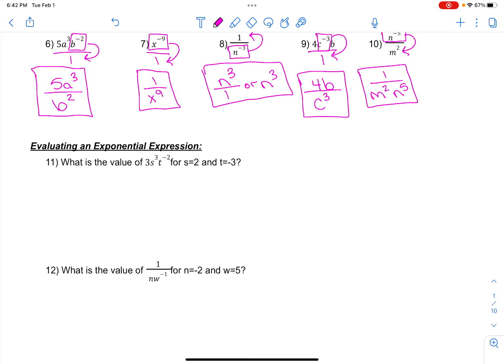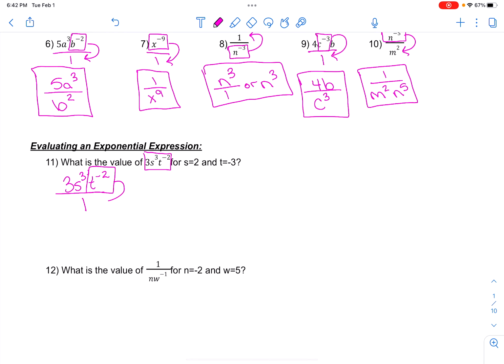So first thing that we're going to do is we are going to look at this expression that they gave us. Notice that we have a negative exponent. So very first thing that we're going to do is we're going to fix this expression so that we don't have negative exponents. So let me rewrite it over here. 3s to the third t to the negative second. Remember, this is over that imaginary 1, and we need to make this guy positive.